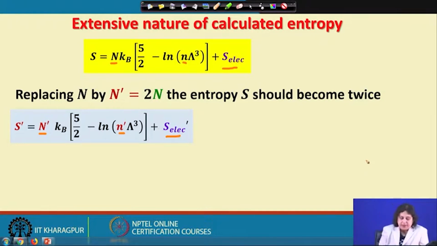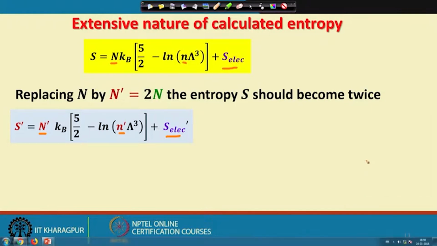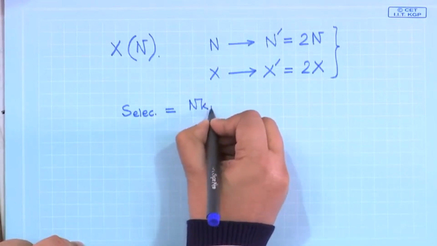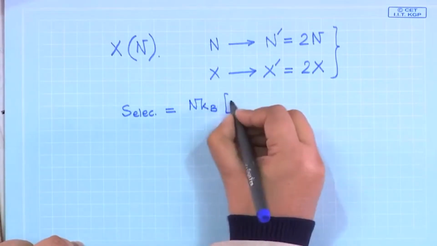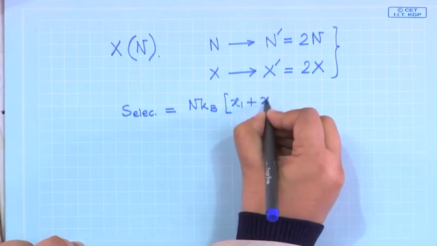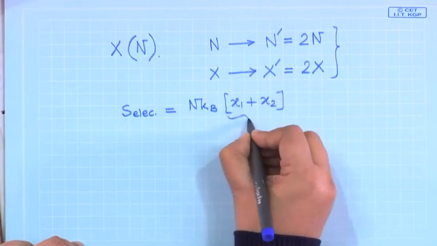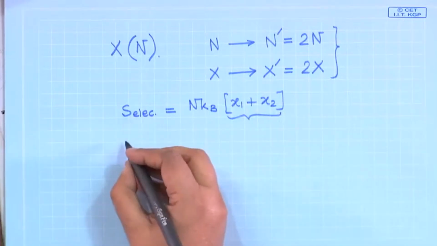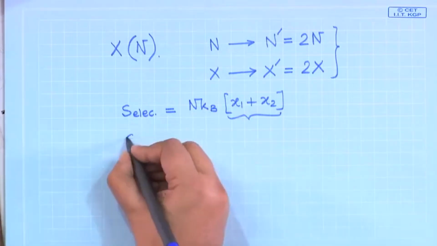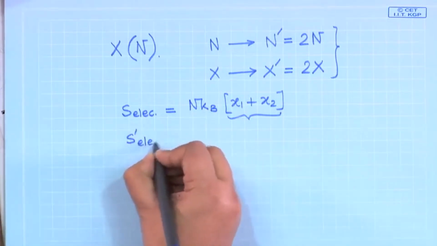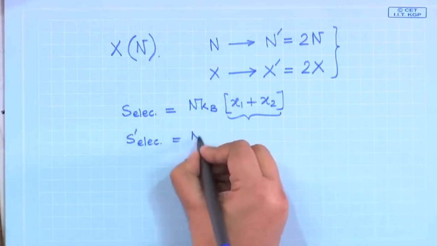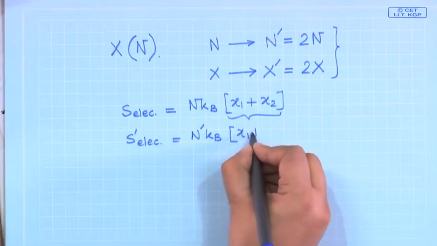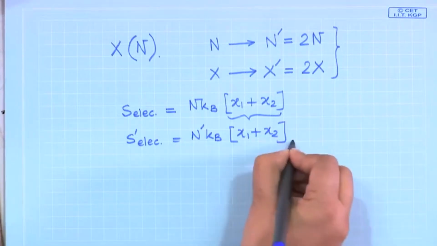Now, if you remember that S electronic is a term that is N k_B into one particular sum plus another particular sum, and these two do not depend on N. So, in S electronic, if I replace N by N', S' electronic will now become N' k_B into the same x1 plus x2, correct.